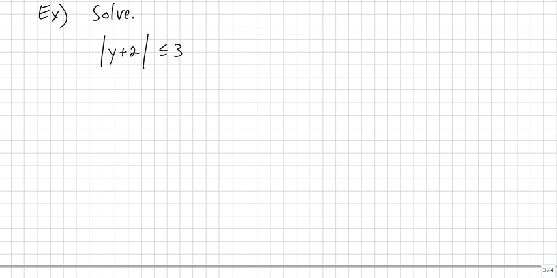Okay, let's see how this would work for an inequality. It's going to be very similar. We're just going to have to think a little bit more.